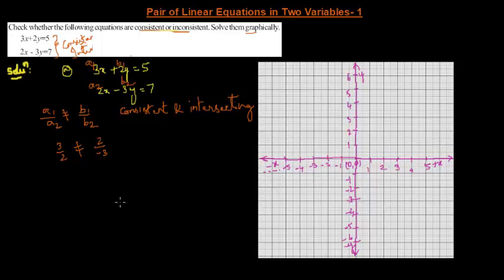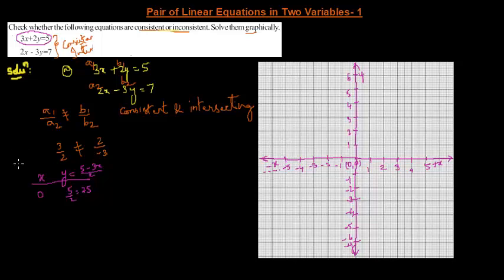Now, let us take some points. Let us take x as 0. What is y? Y is equal to, let us take this first one, y is equal to 5 minus 3x by 2. So, 5 minus 0 by 2 is 5 by 2, which is equal to 2.5.